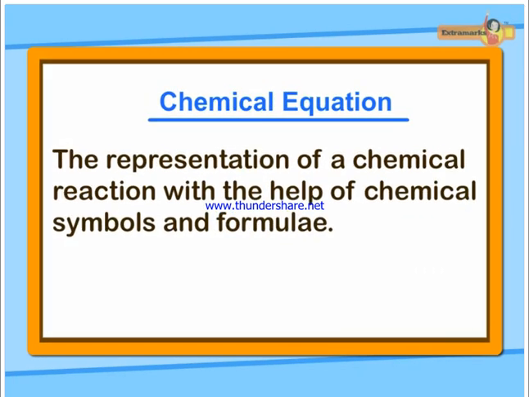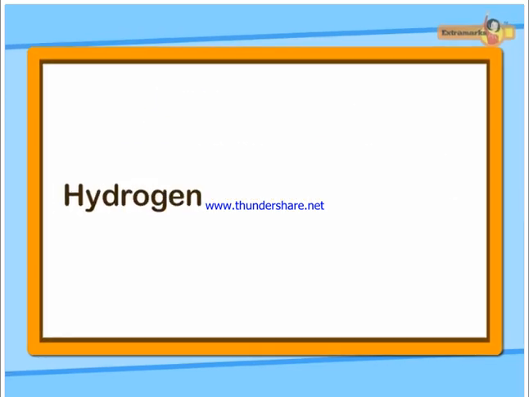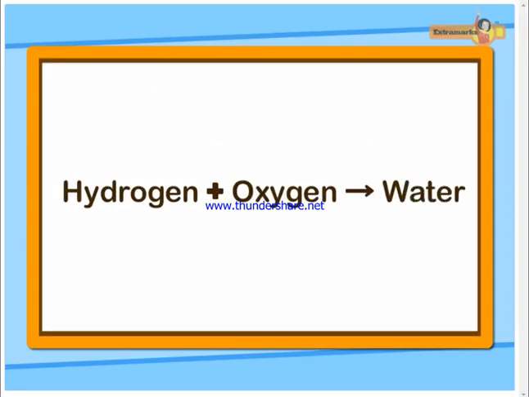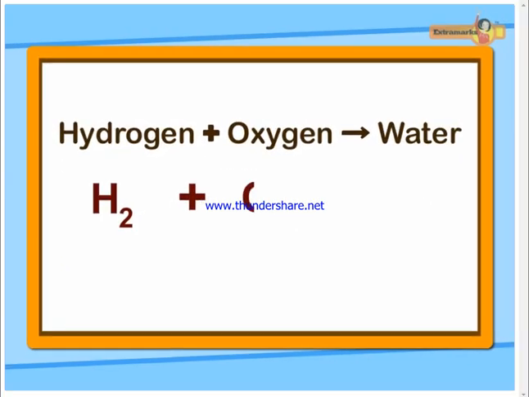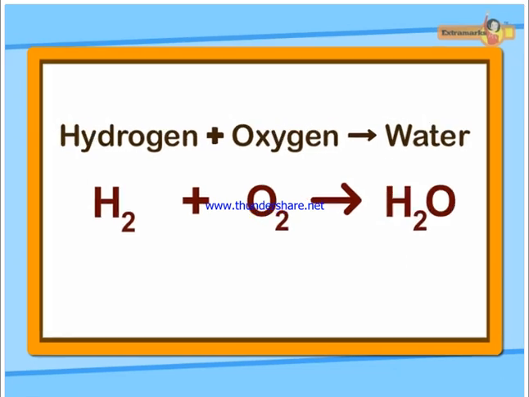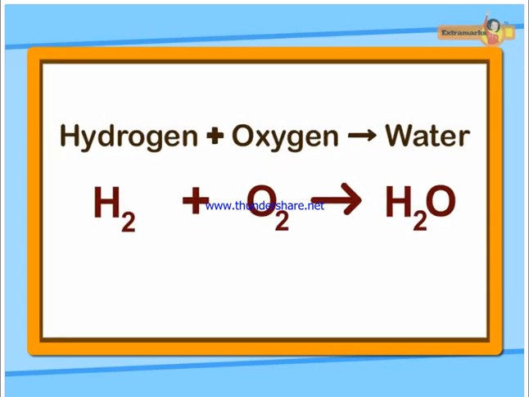Let us take an example to understand the meaning of chemical equation clearly. Hydrogen reacts with oxygen to form water. Now we can change this word equation into a chemical equation by writing the symbols and formulae of the various substances in place of their names.